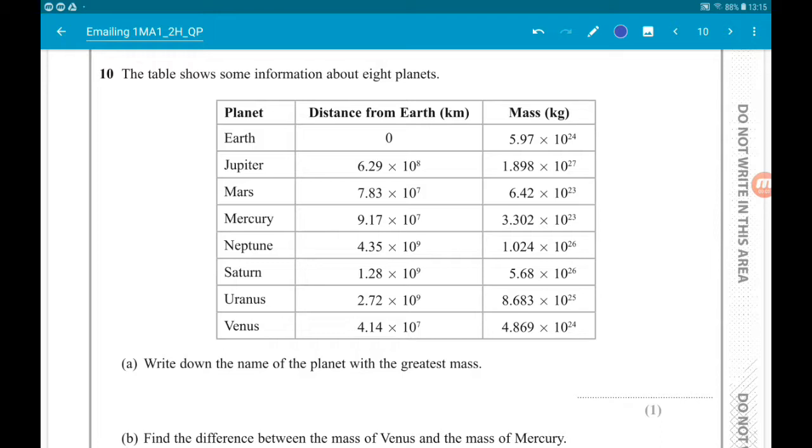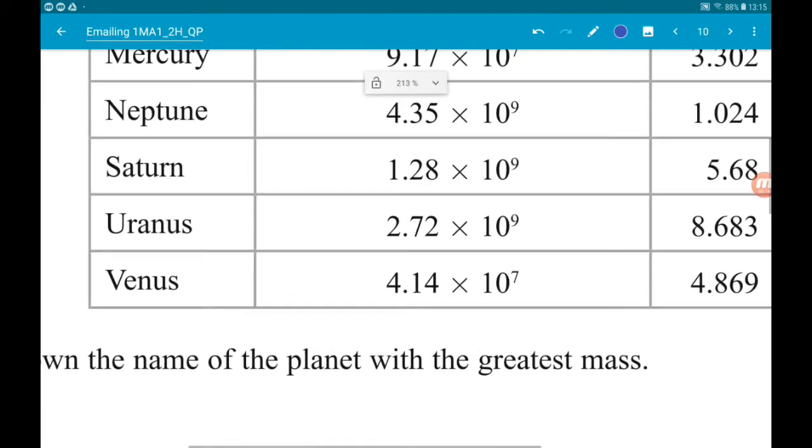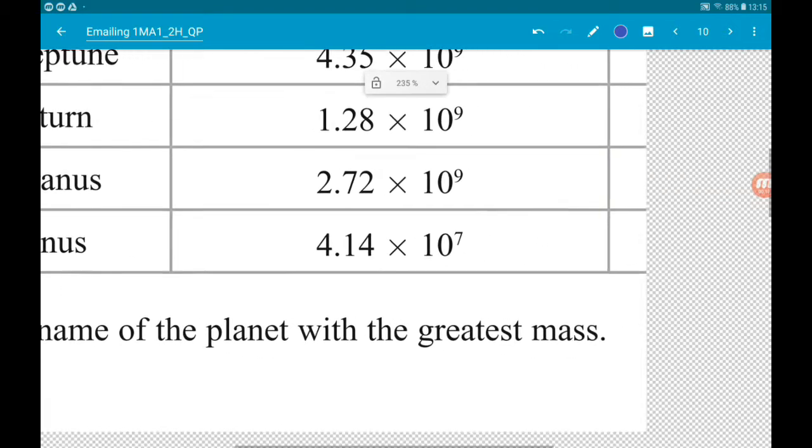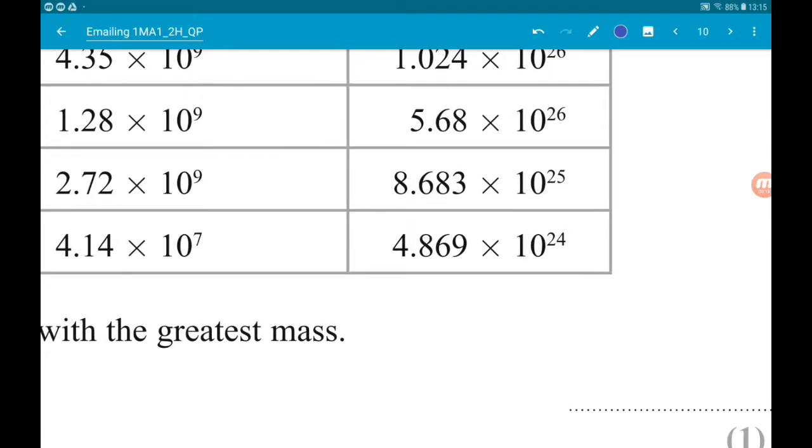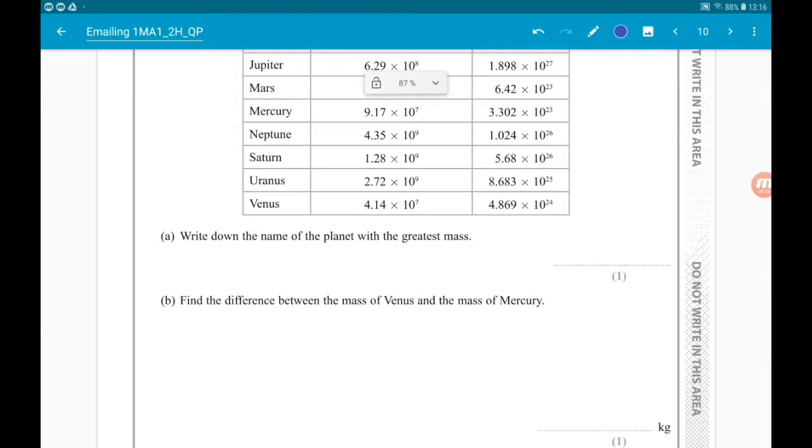Part B wants us to find the difference between the mass of Venus and the mass of Mercury. So, difference means a subtraction. So the mass of Venus is 4.869 times 10 to the 24.